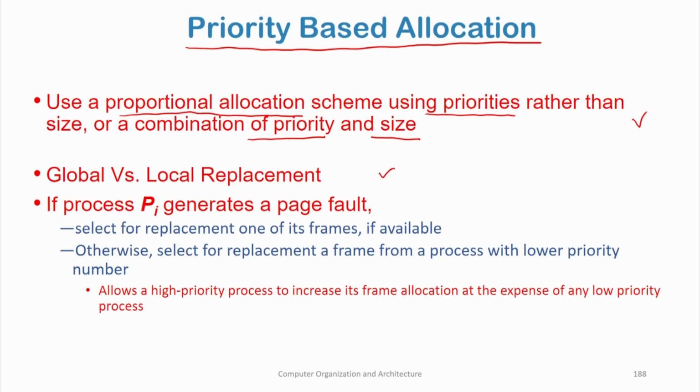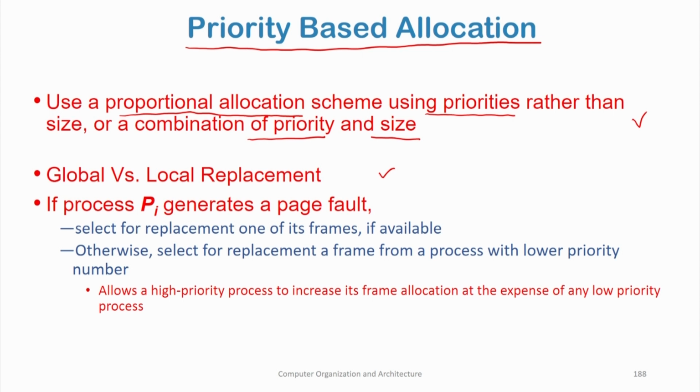Against this, what will I do in global replacement? During replacement I can look at the entire set of processes that I have and choose any frame for replacement. So, let us say in global replacement I have a process P1, and P1 has had a page fault and I need to replace a page. I will not restrict myself to replacing into a frame of P1.